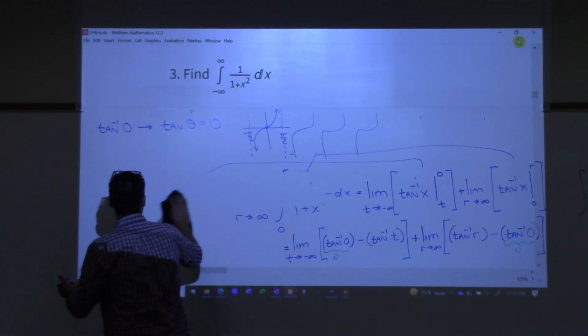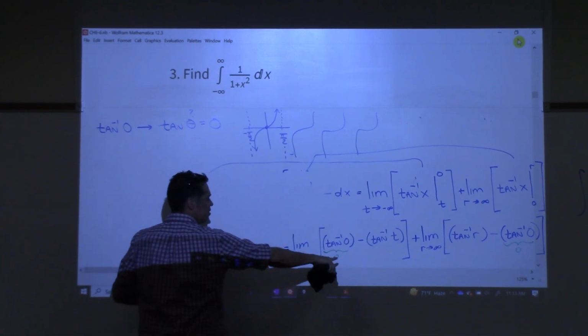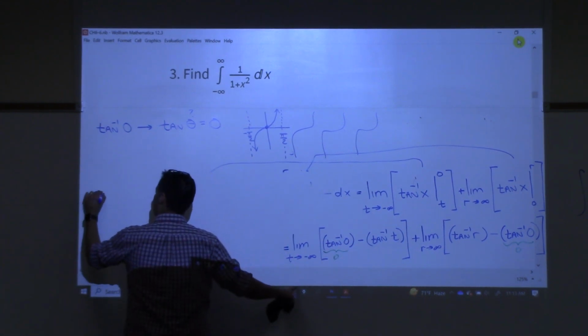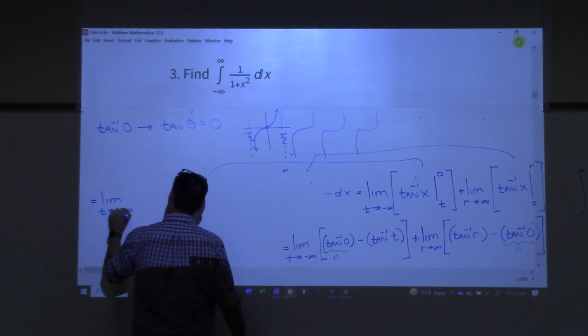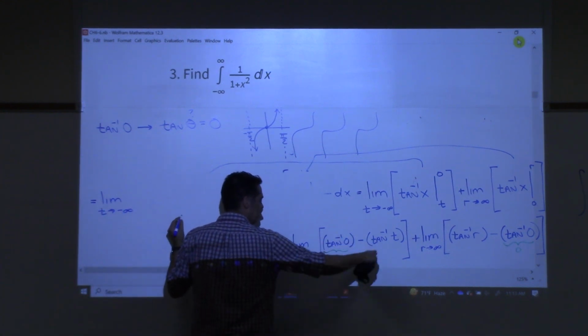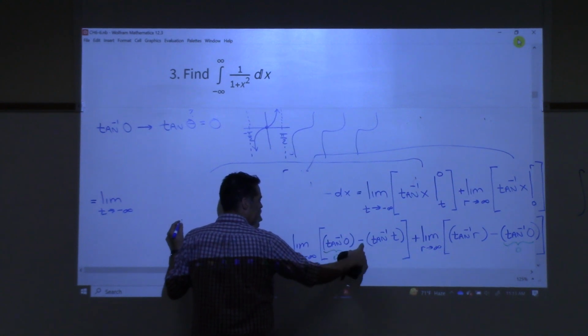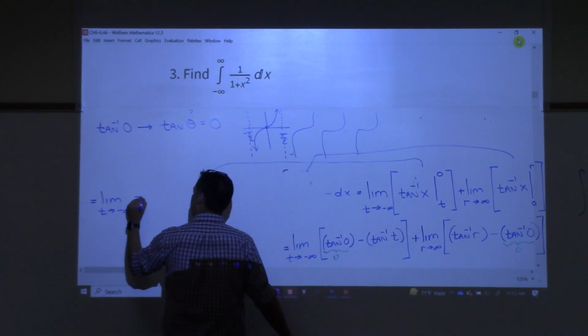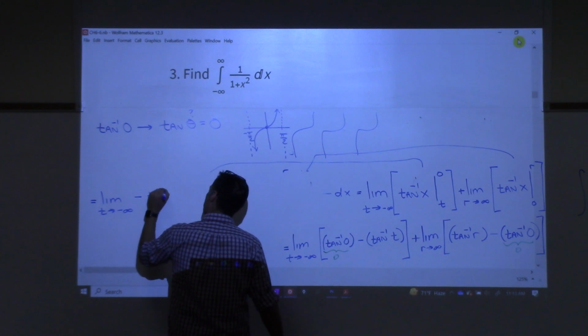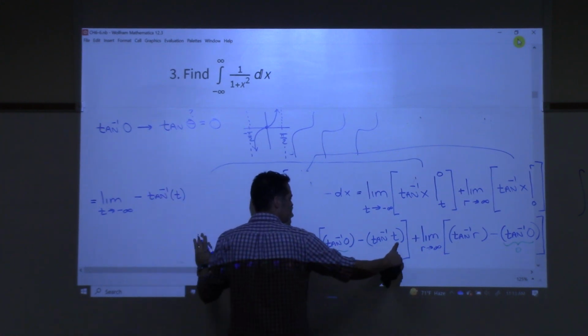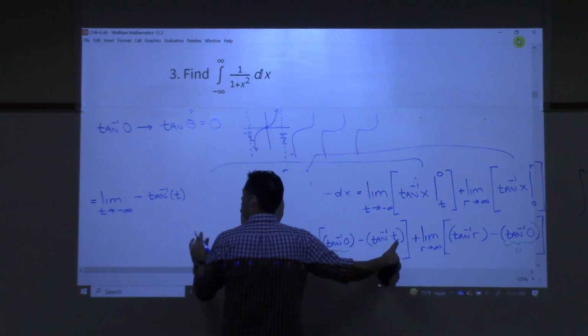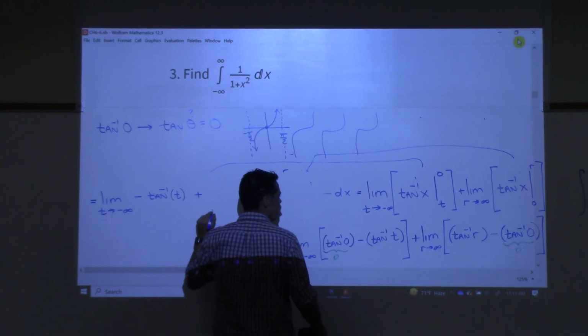All right, I'm continuing my work here. I know that those are zeros, so I have equals limit t goes to negative infinity. The only thing left here, since this was 0, is negative this. So I'm going to put negative tangent inverse of t, with that t in parentheses. I need to figure out what that is, and then add to that.